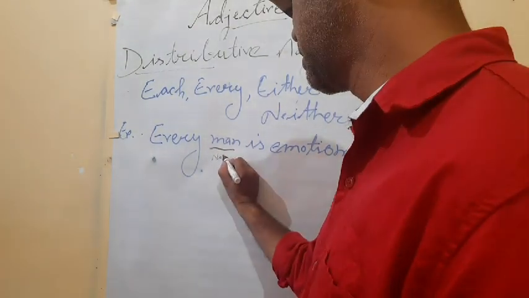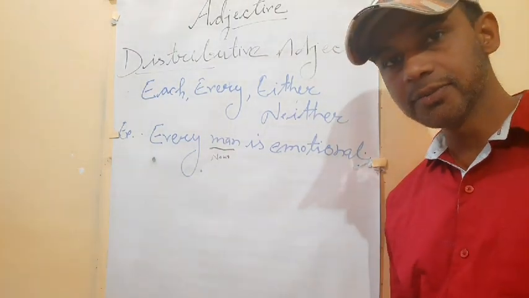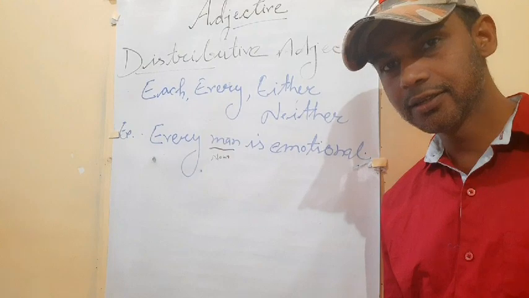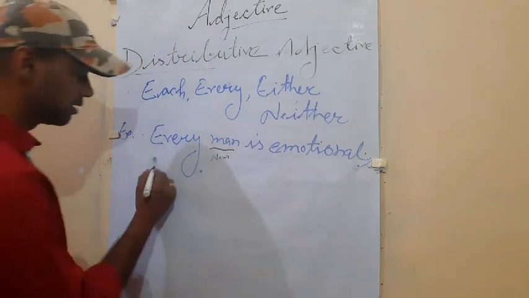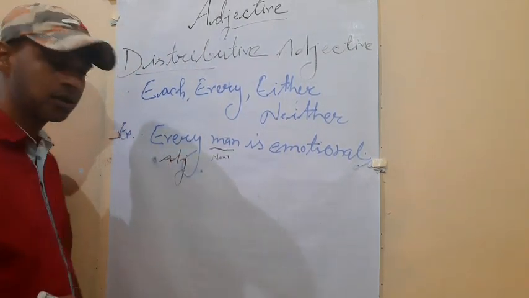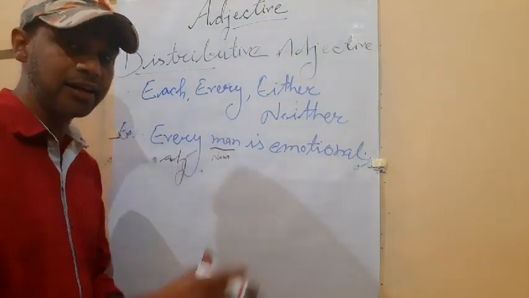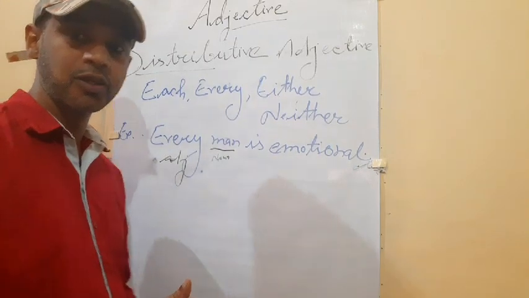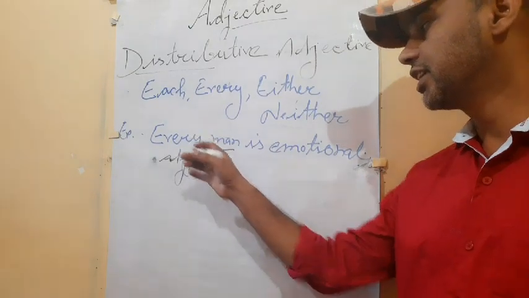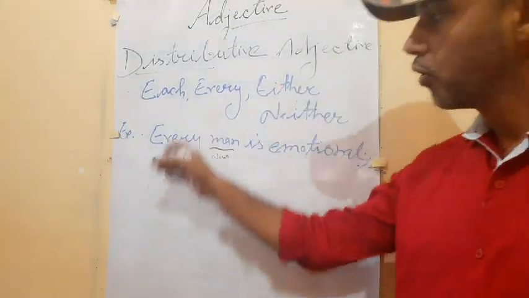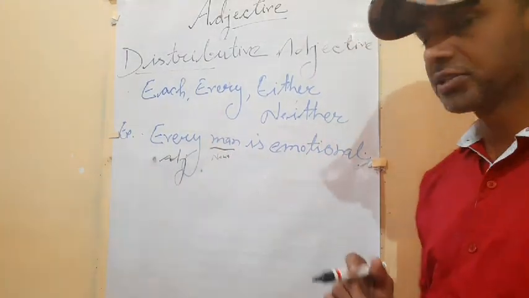This is a noun. Before a noun, the word that comes is considered an adjective. So every is what? It's an adjective, because when I say every man, it means it is indicated as a group. Here every is indicated for the whole group. Clear now? So every man is emotional.